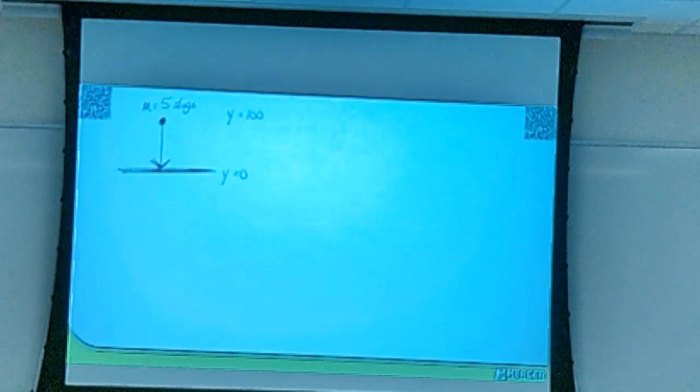Well, we know that dy/dt is velocity, right? And we just found what velocity is. We also have an initial condition. What's y of 0? 100.